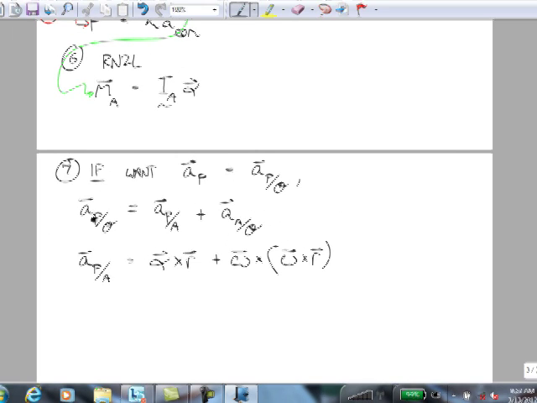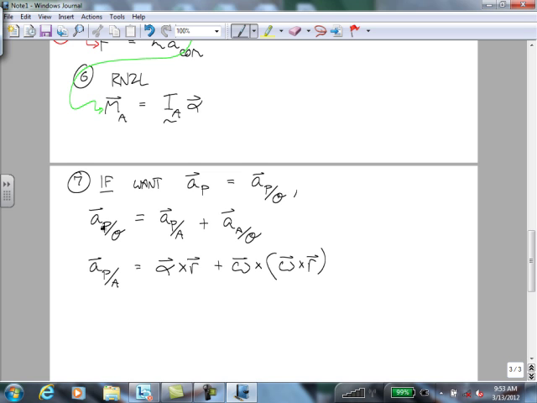If we're trying to calculate the acceleration of some point on the rigid body away from that about point, no matter what, we're going to have to use this rotational kinematic equation. But in only one of those two cases are we going to have to use this relative motion equation. Do you have a feeling for which one of those you won't need it for, which one you will need it for?